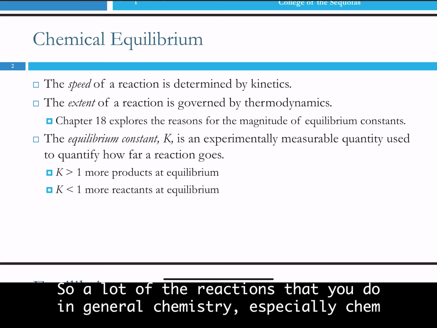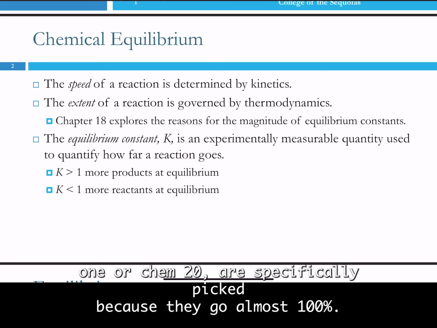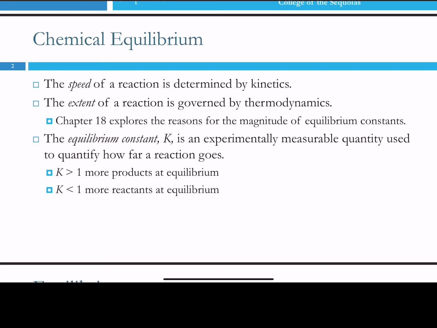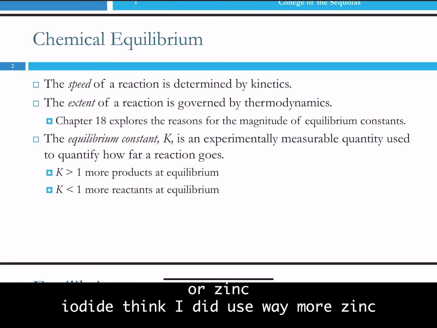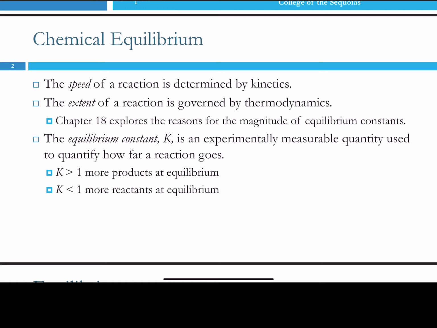A lot of the reactions that you do in general chemistry, especially Chem 1 or Chem 20, are specifically picked because they go almost 100%. Chem 1 recently did the zinc iodide lab. You use way more zinc in that lab than you need.